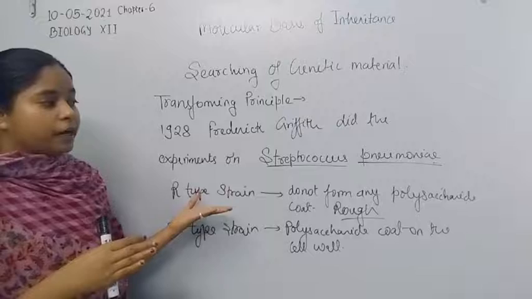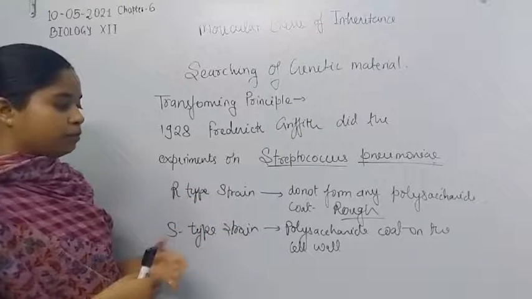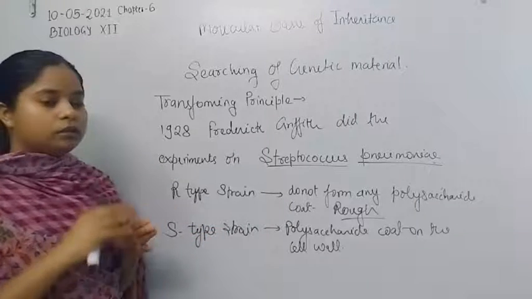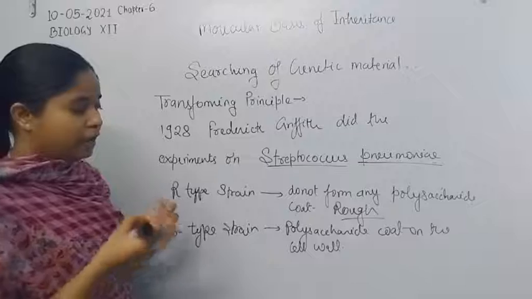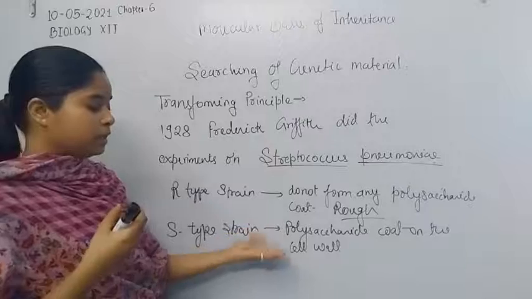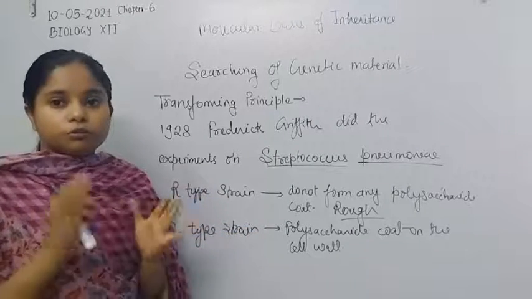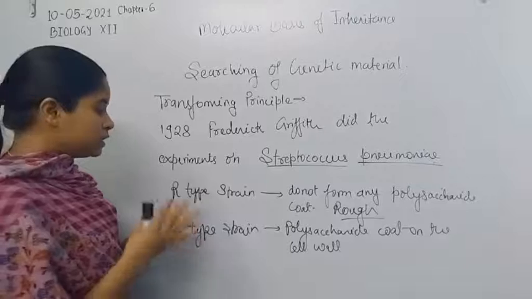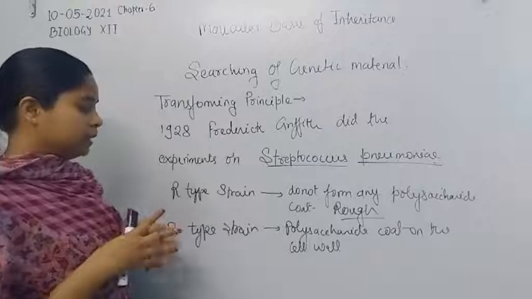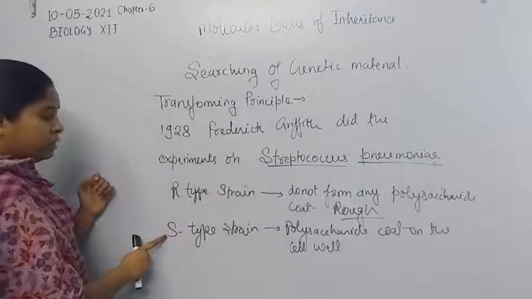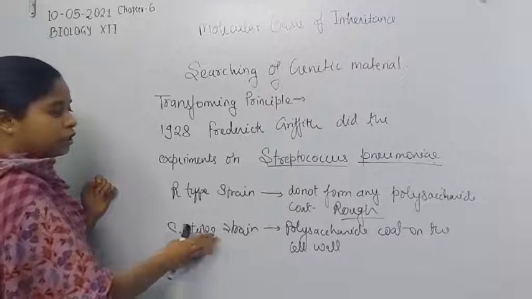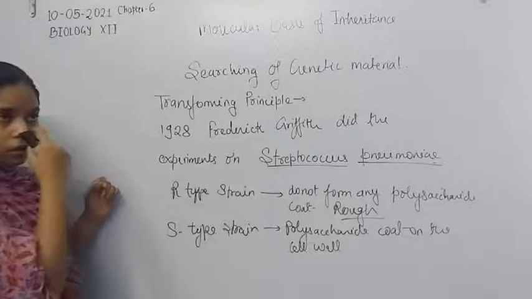The mucopolysaccharide they synthesize is mucus that has sugar in it, so due to the mucus they look smooth in texture. That's why they are known as the smooth type of strain.